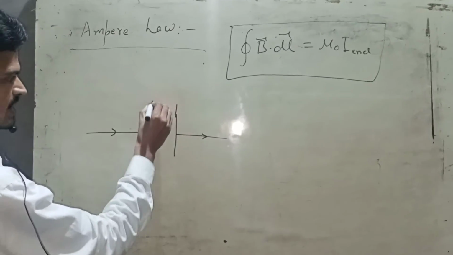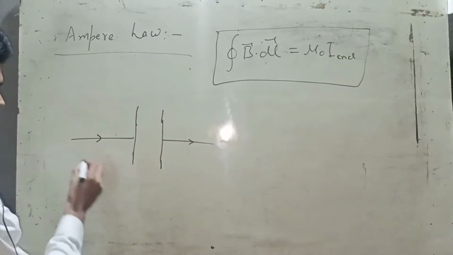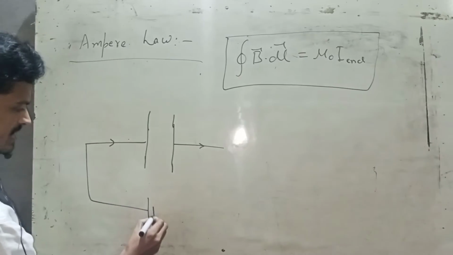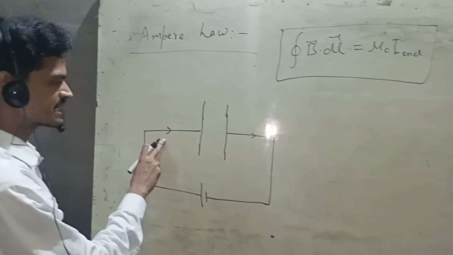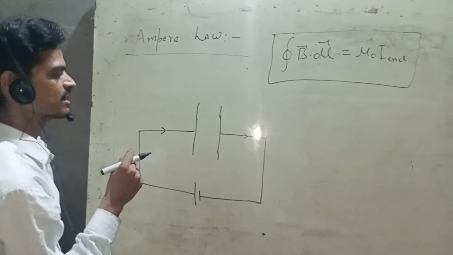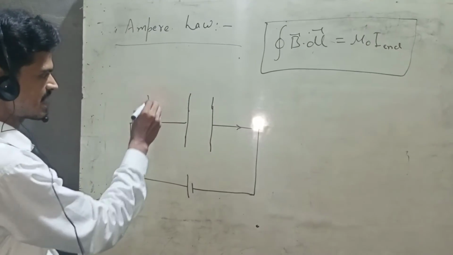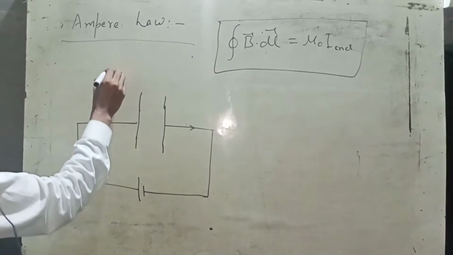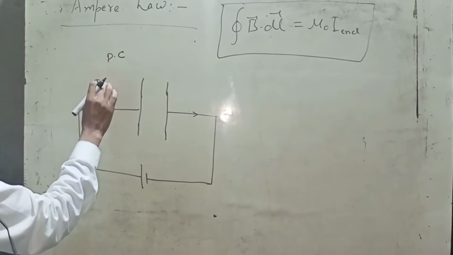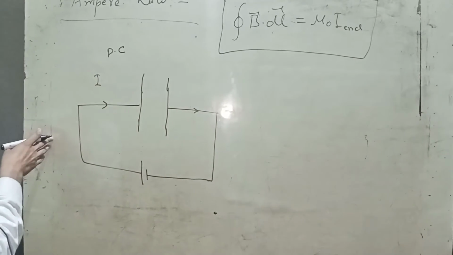This is the parallel plate capacitor, and the current is flowing in this direction. Consider first that this current is not varying. Suppose this current I is a DC current, which means it is not varying and does not depend on time.